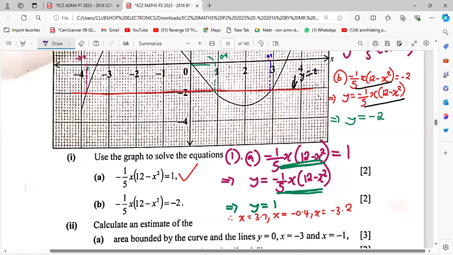So x is equal to negative 3.8. X is equal to 0.9. And x is equal to 2.9. Then you get your 4 marks for these two.